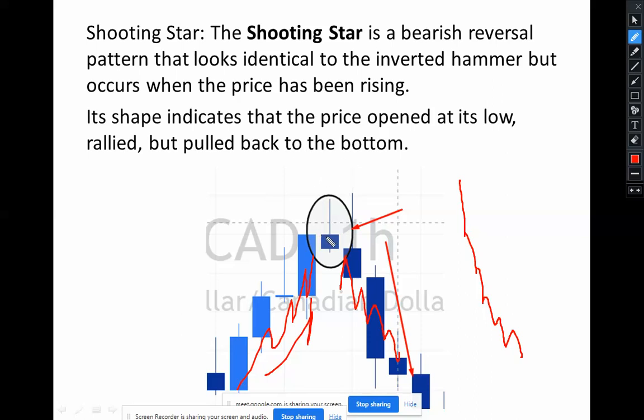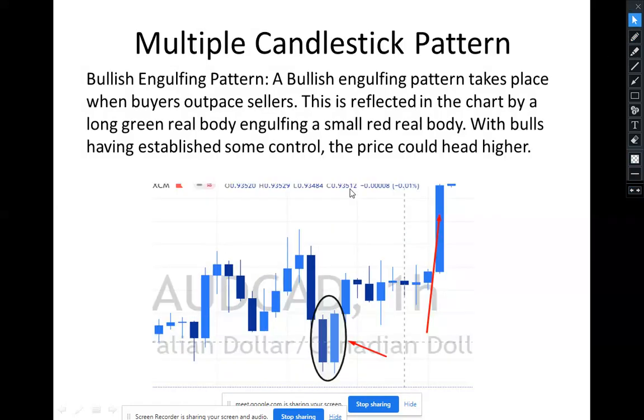Candle open here, candle close here. So it has already created a new high. That new high with a bearish body indicates selling pressure, and selling pressure now pushes the price downward. That is how you trade the shooting star candle.